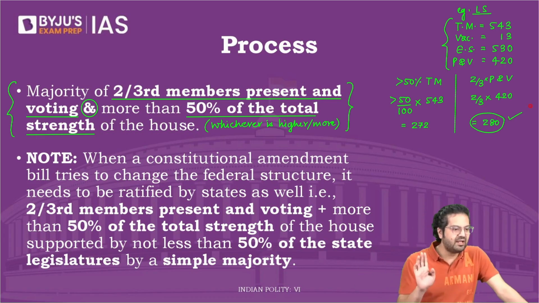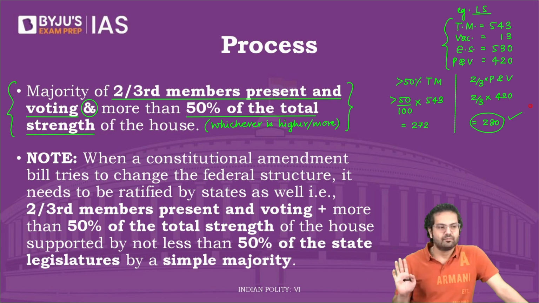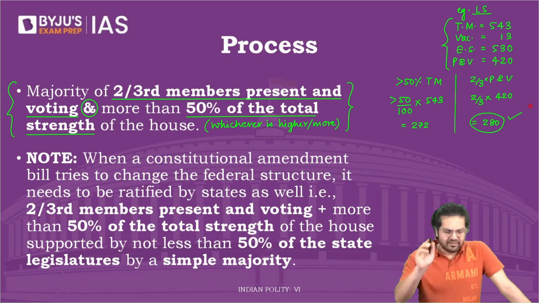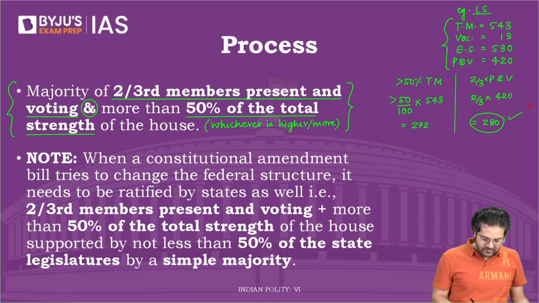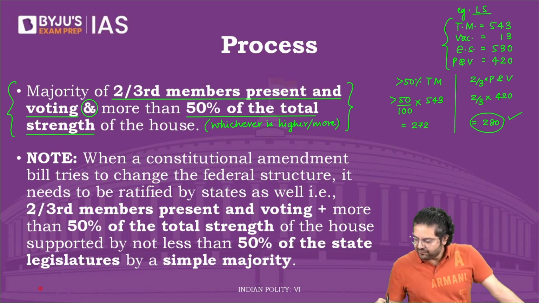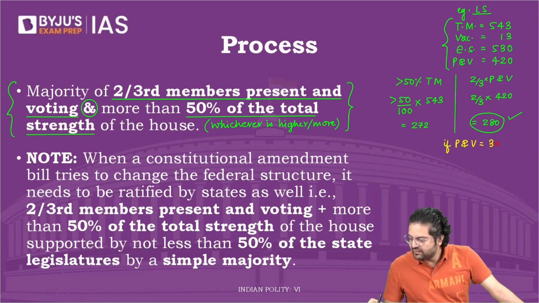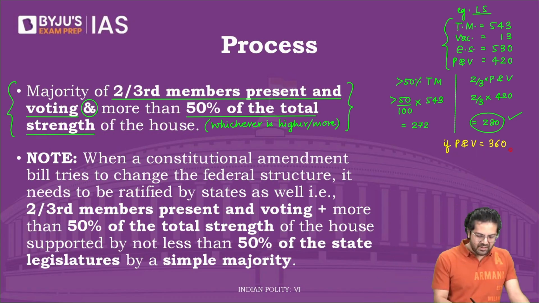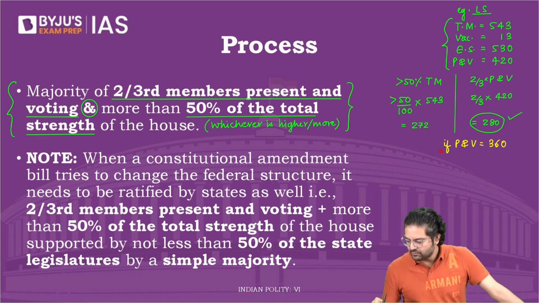Are we clear, everybody? Okay? Great. Let's, for fun, solve one thing. If PNV is 360, then tell me, how many people are required to amend the constitution?